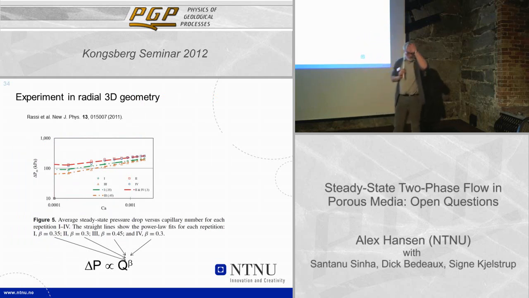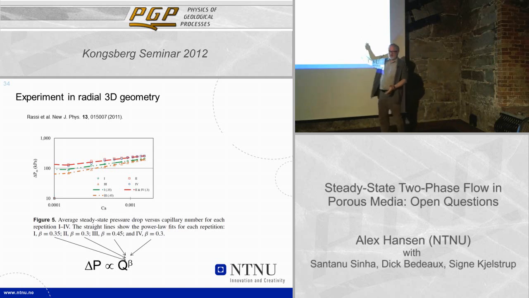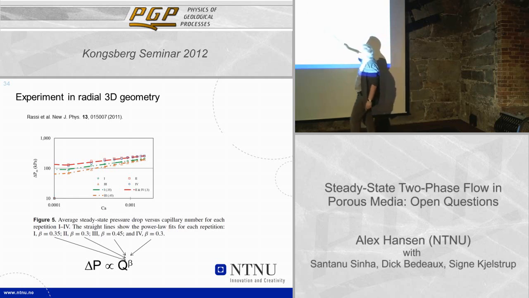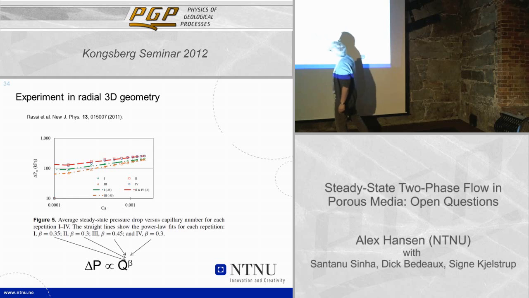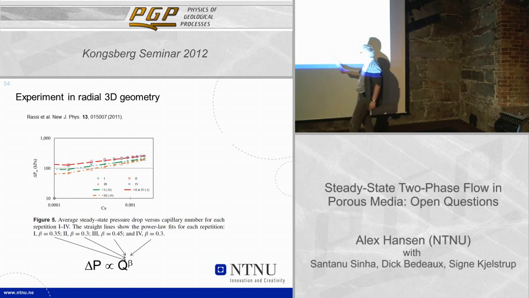Here's an experiment from last year at Bozeman, Montana State University, where they have done this in 3 dimensions. They have a block of porous material like this. They drill a hole in the middle and inject from the middle radially. And here is at different saturations. And basically they see again a power law behavior of the pressure with respect to the flow rate.